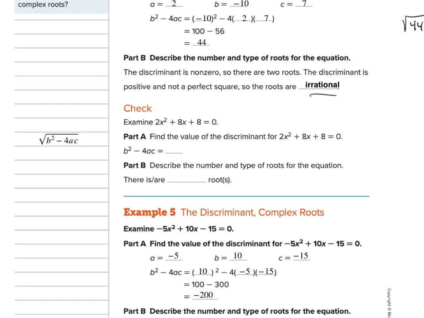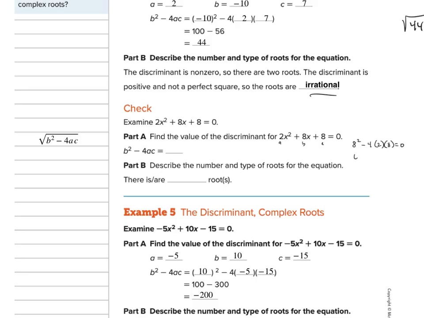In this answer, we have A, B, C, and I would take a moment to do this on your own, stop the video, and then check it out and see how well you did. But this is going to be 8 squared, right? B squared minus 4 times 2 times 8 is going to equal 0.